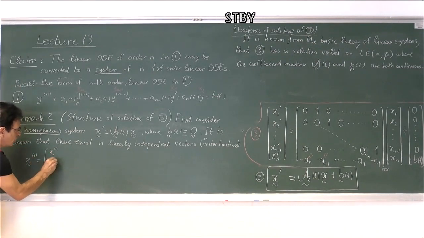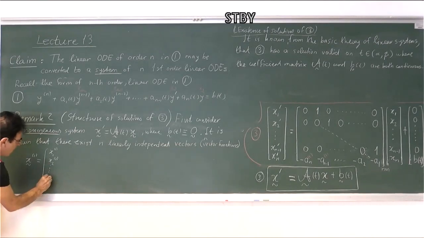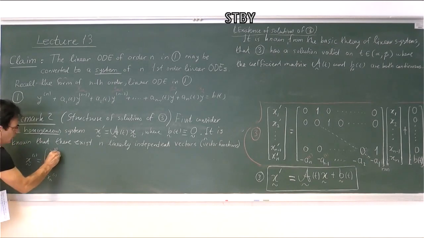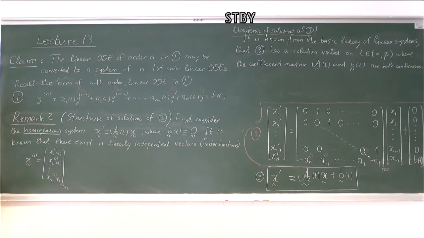Then x2, the second component of the first vector function, and finally the nth component of the first vector function. Of course, these are functions of t. So this is an n vector function. So there exist n linearly independent vector functions.